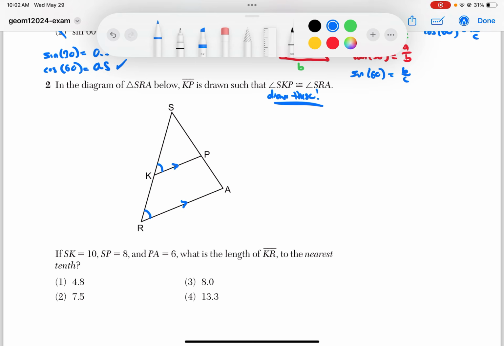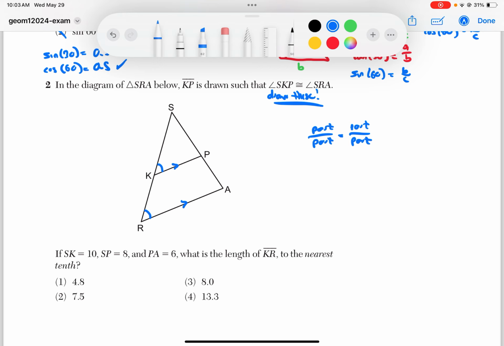If the corresponding angles are congruent, then the lines are parallel. And if I have a triangle with a parallel line drawn, then I get to use the side splitter theorem, which is part over part equals part over part.